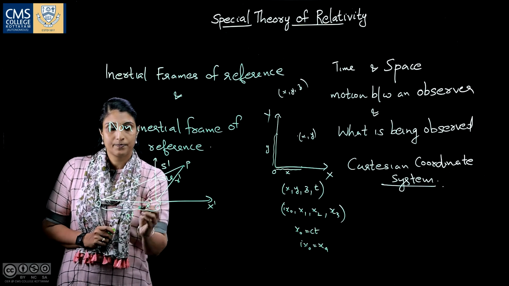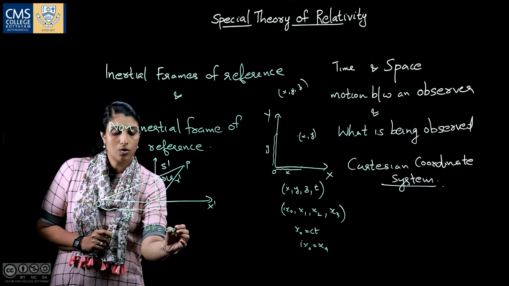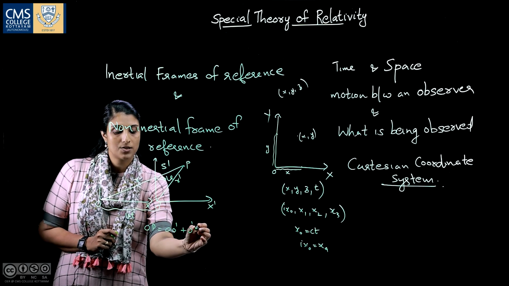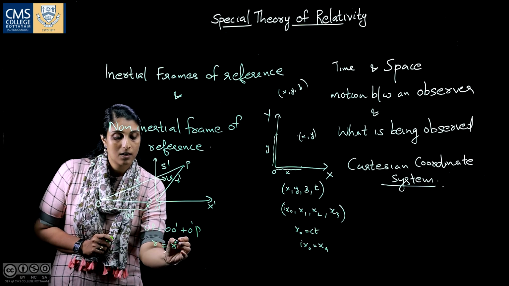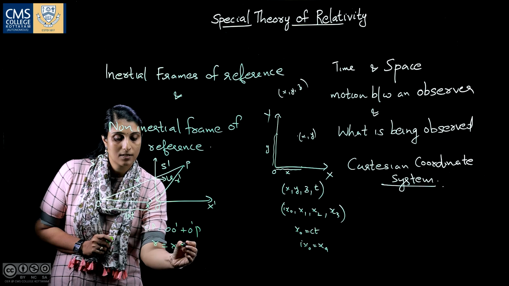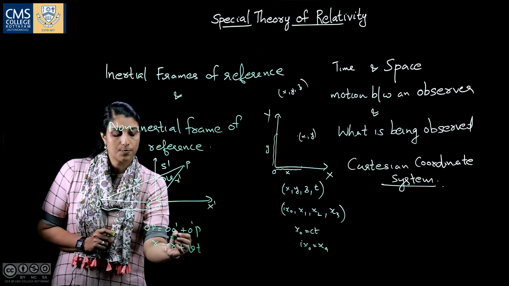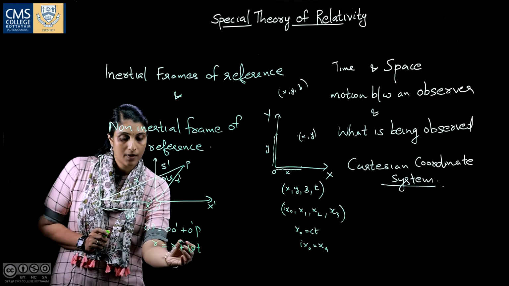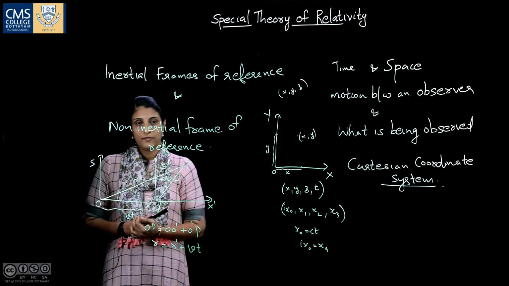So we have OP equals OO dash plus O dash P, that is R equals Vt plus R prime. So R equals R dash plus Vt.